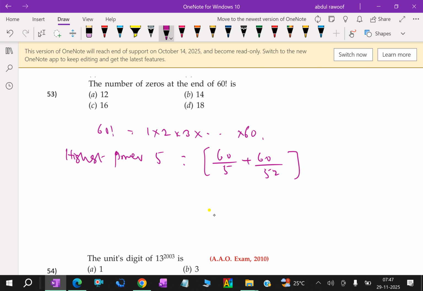Here, 60 by 5 is 12. 5 square is 25, 60 by 25 is 2 point something, so the whole number is 2. Then it is equal to 14 zeros. So the answer is 14. Option B.